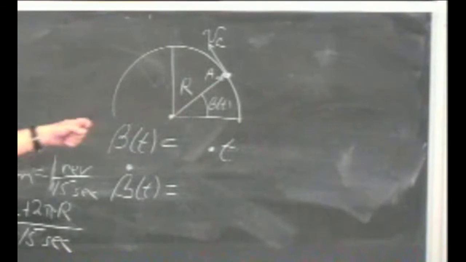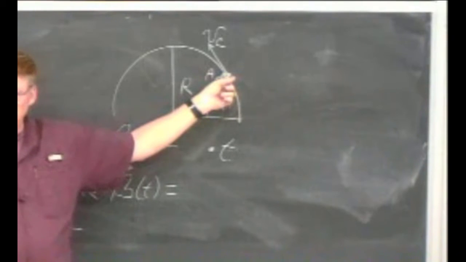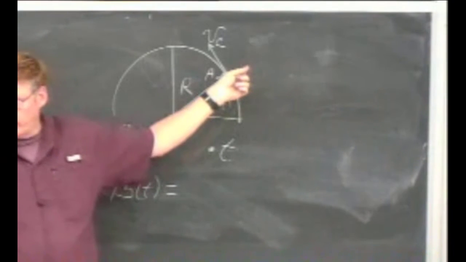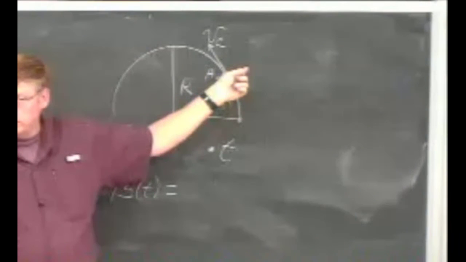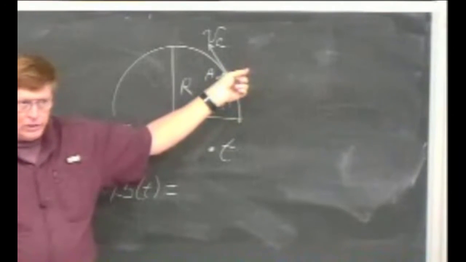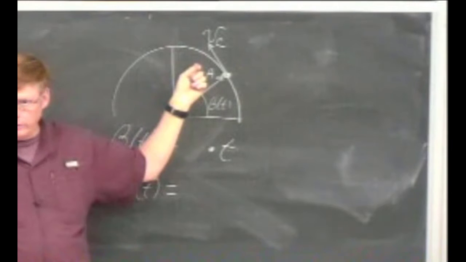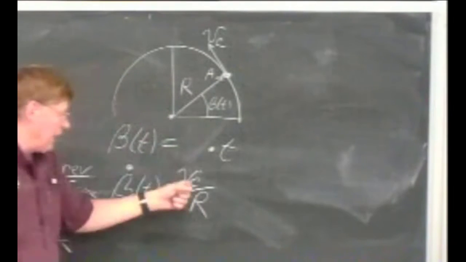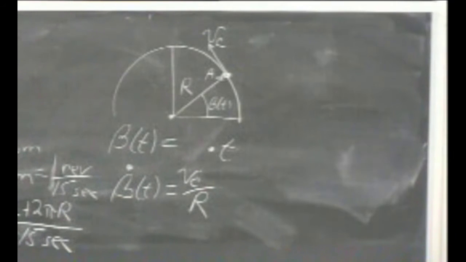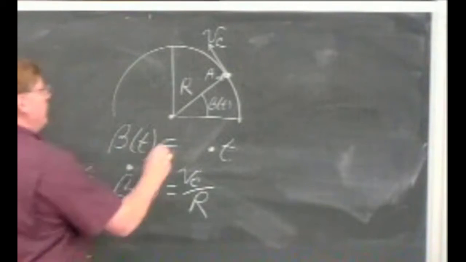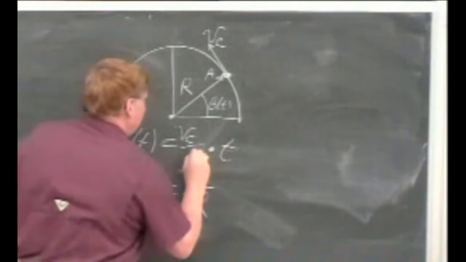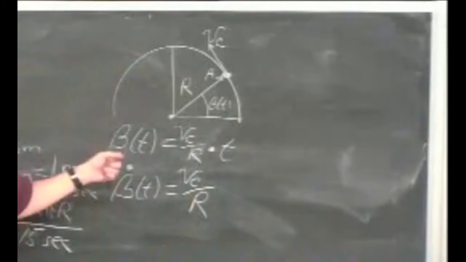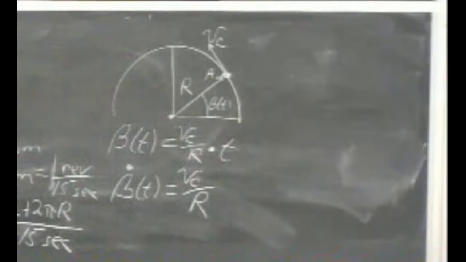You know the tangent velocity, it's the velocity of the cable. It's a distance radius out from it. So to get the angular velocity, how fast this angle changes with respect to time, divide your tangent velocity by that radius for that circular path. So of course your VC over R times time gives you beta as a function of time, okay?